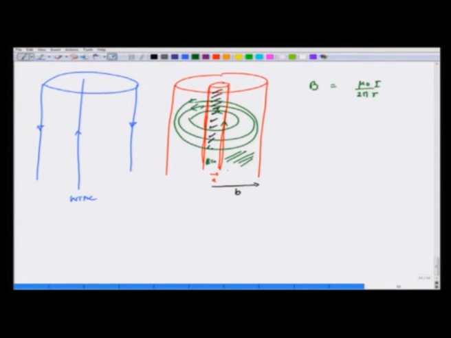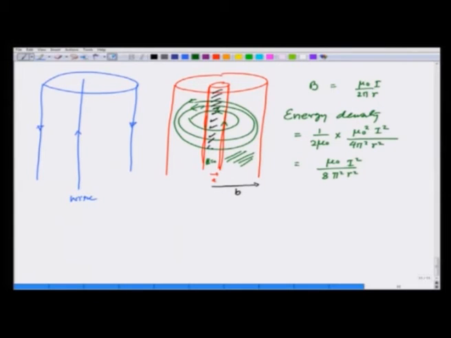So, the energy density is going to be 1 over 2 mu 0 times B square, mu 0 square I square over 4 pi square r square, which is equal to mu 0 I square over 8 pi square r square.